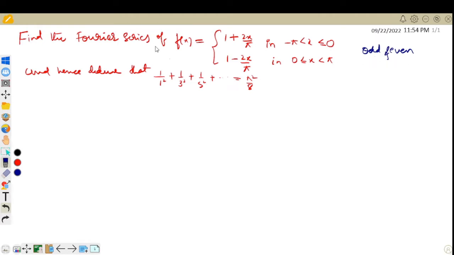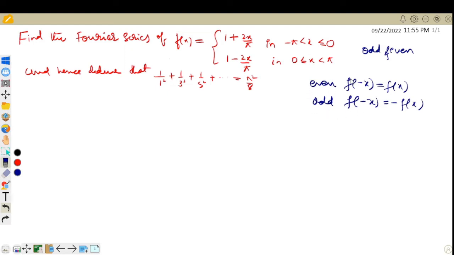Students, you are already aware that the function f of x is said to be even if we replace x by minus x and retain f of x. Odd is f of minus x equal to minus f of x.